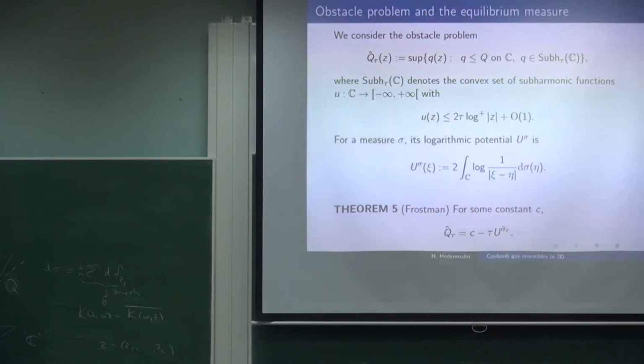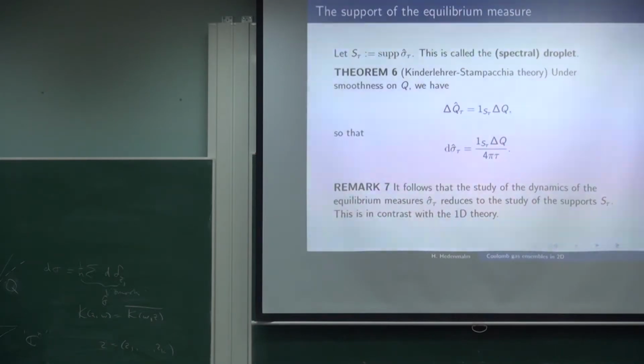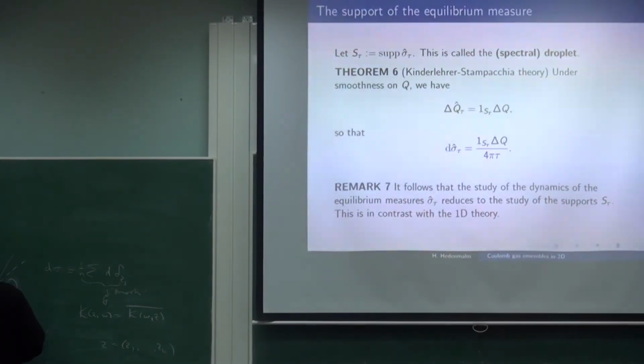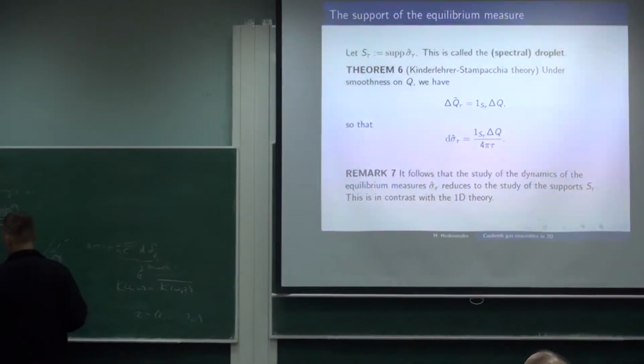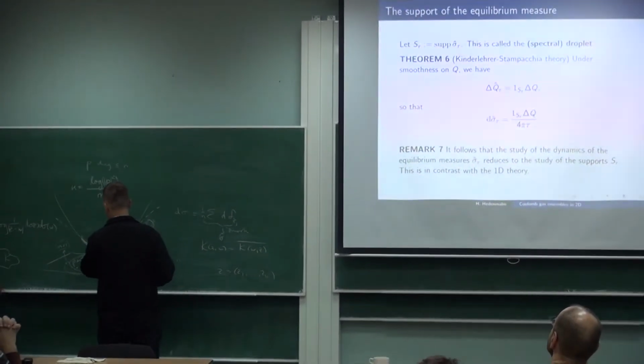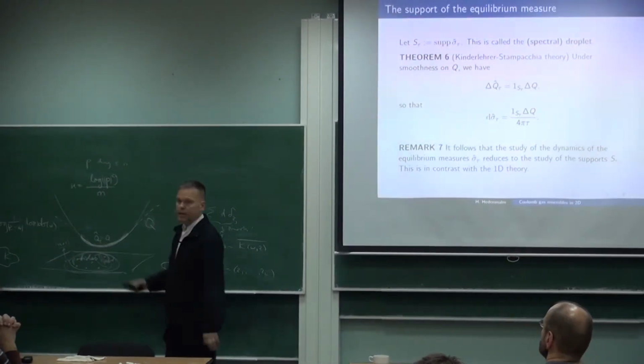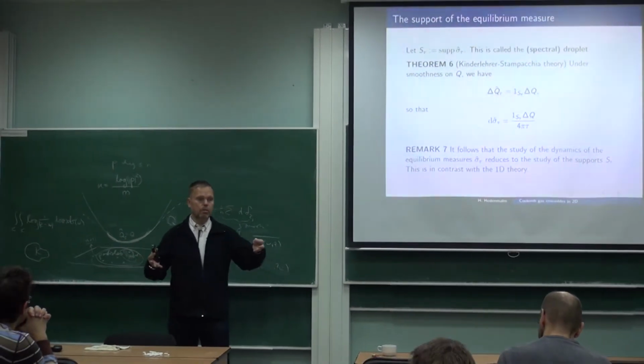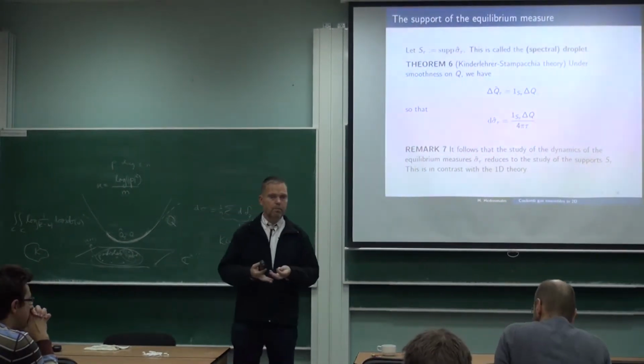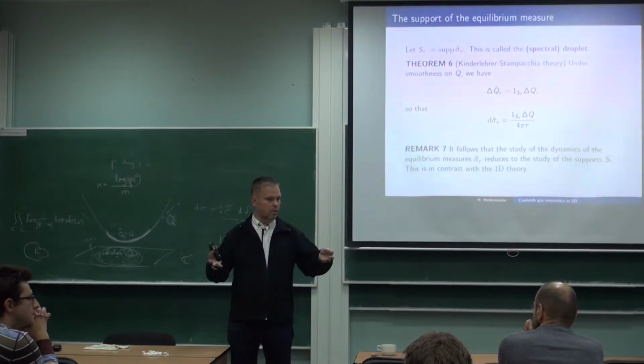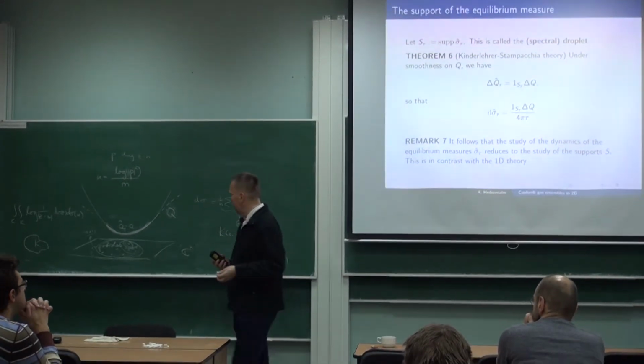So these problems are the same. That's interesting to notice. And then let's look at the support set here. So the support set is essentially this set where you have touching of q hat, the solution to the obstacle problem, and the obstacle, the potential, where they're the same.